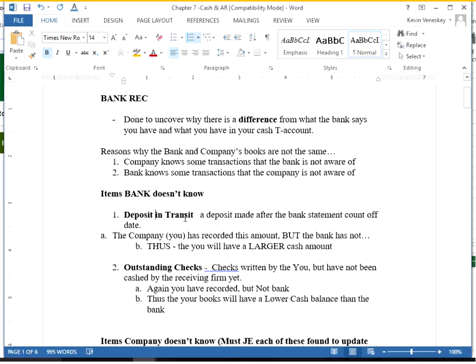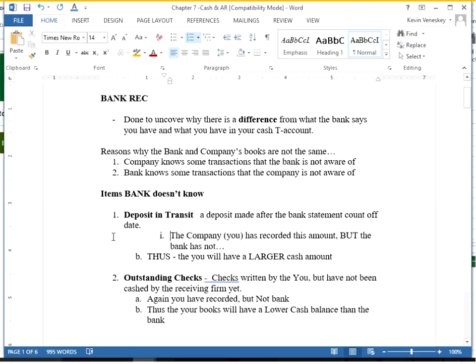A deposit in transit simply means that you know that you have the money, but either A, you haven't deposited it in the bank yet, or B, you did deposit, but it was after the bank's cutoff time for that day or that end of month's time frame. Sometimes you may see a little plaque at the bank that says any transaction after 2 p.m. today will show up on the next business day for your bank statement. That would be considered a deposit in transit.